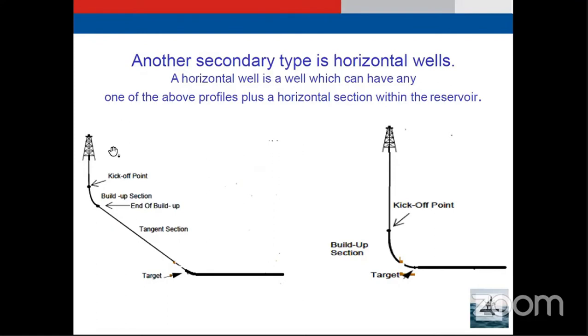For example, here we make a kick-off point, then a building section, then hold the angle, then increase the angle at the last target. When I reach 70 or 80 degrees, I keep the angle at the tangent location, then deviate it again at the target.